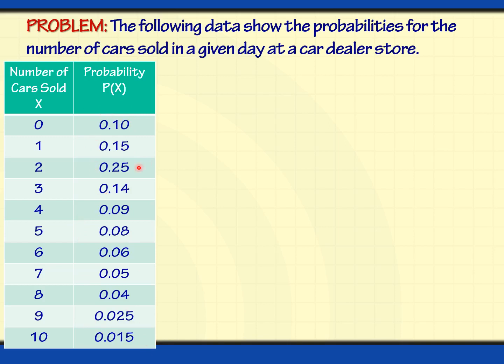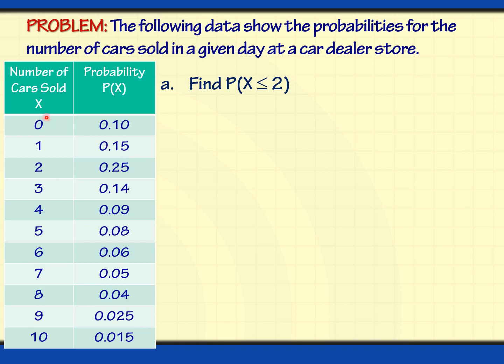Your first problem is to find the probability that less than or equal to 2 cars are sold on that particular day. Since you have less than or equal to 2, no cars sold is 0.10, 1 car is 0.15, and 2 cars has a 0.25 probability.